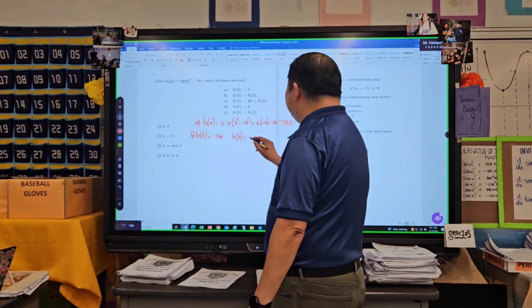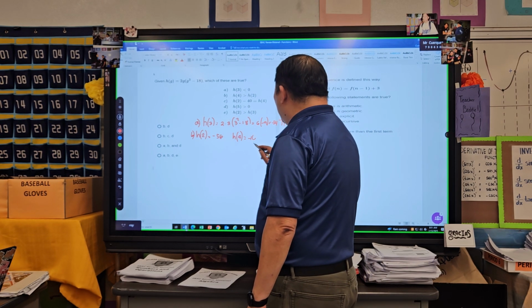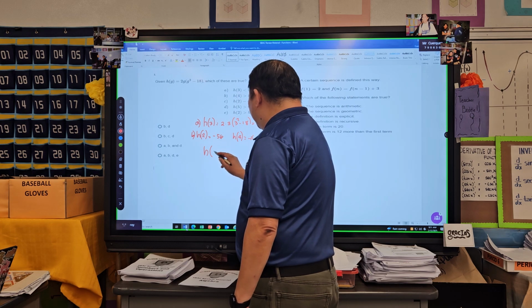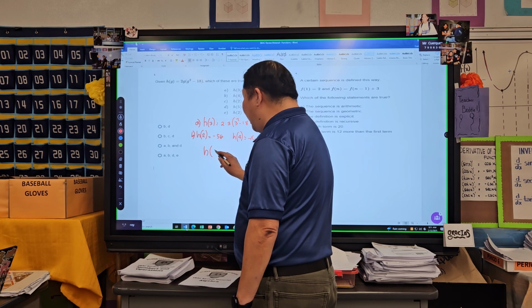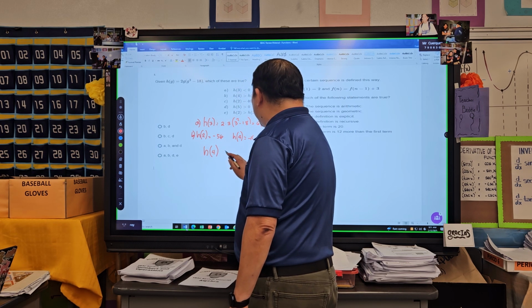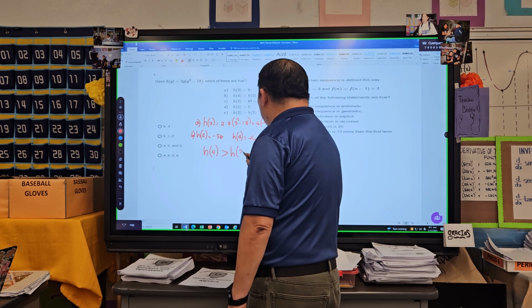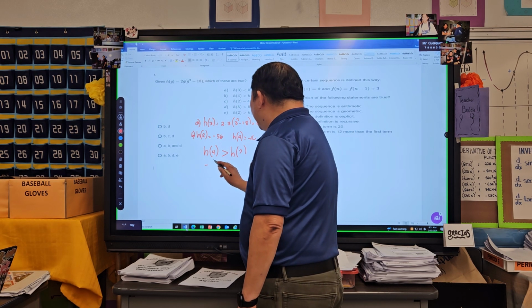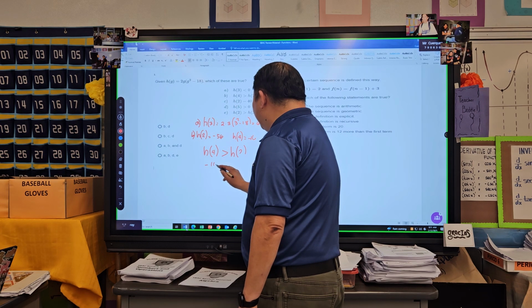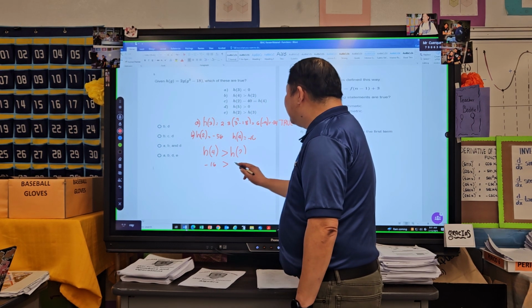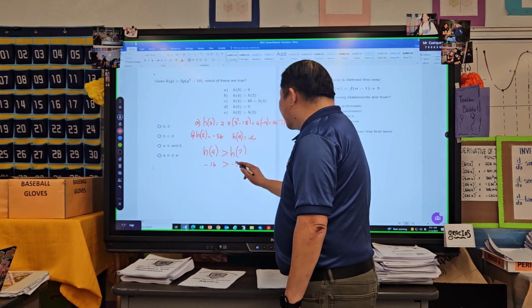So h of 4 is negative 16. Let's see if this is greater than h of 2. We all know that h of 4 is negative 16, and h of 2 is negative 56.